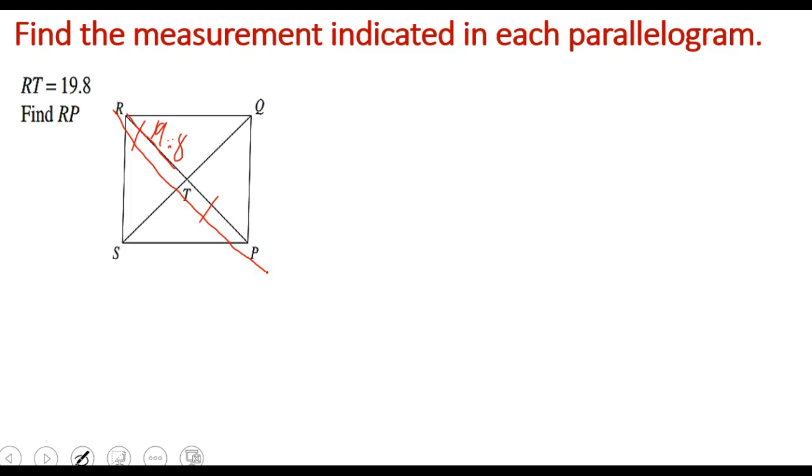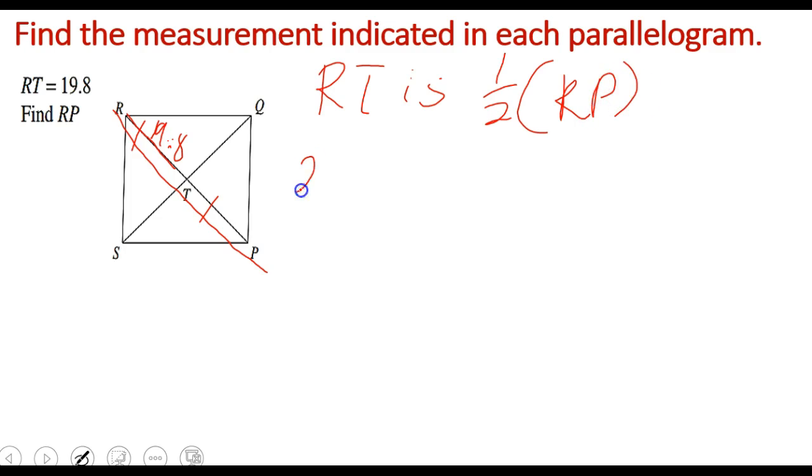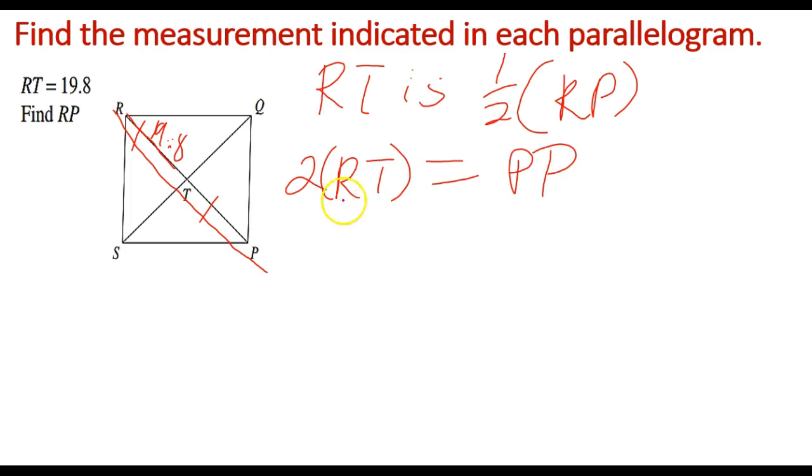So we know that RT is 1/2 of RP. That means RP would be twice RT, right? Double it, because if you multiply both sides by 2, that makes RT twice.